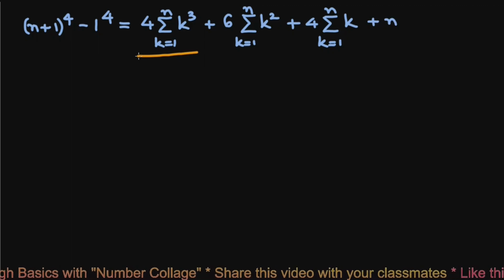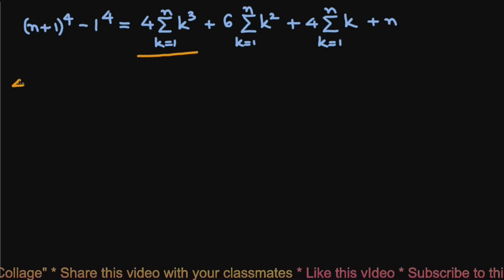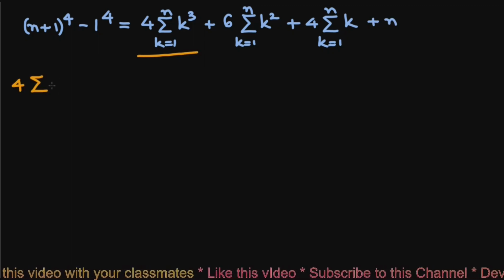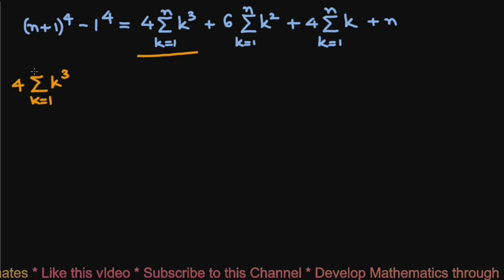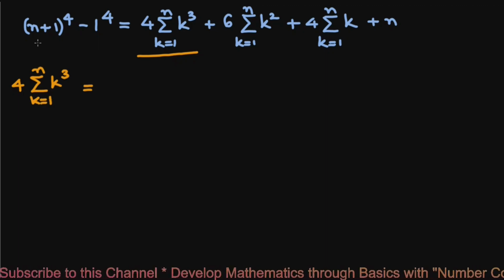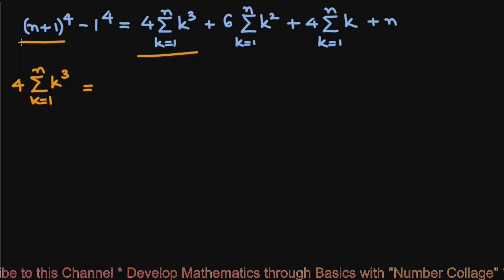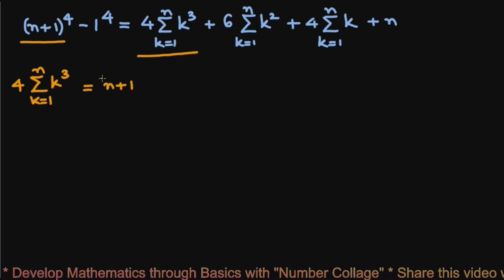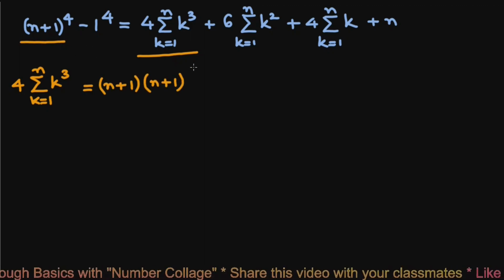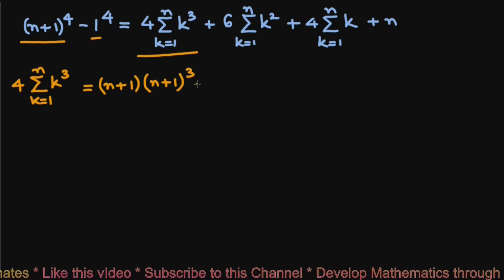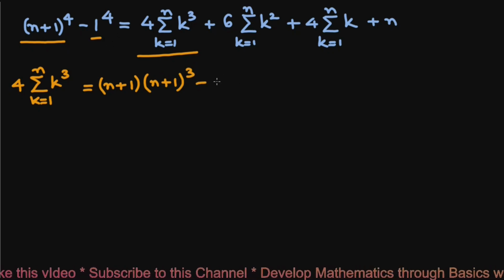Now we write this part on the left hand side. So we write 4 summation k cube, k runs from 1 to n, equals, we will write this (n+1) power 4 as (n+1) multiplied by (n+1) whole cube, minus this 1 power 4 will be 1.